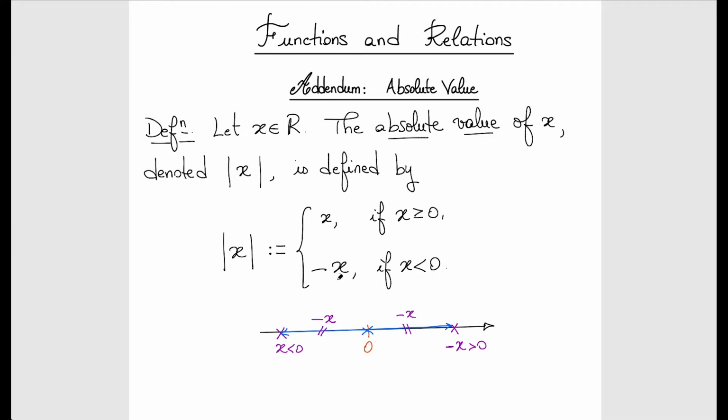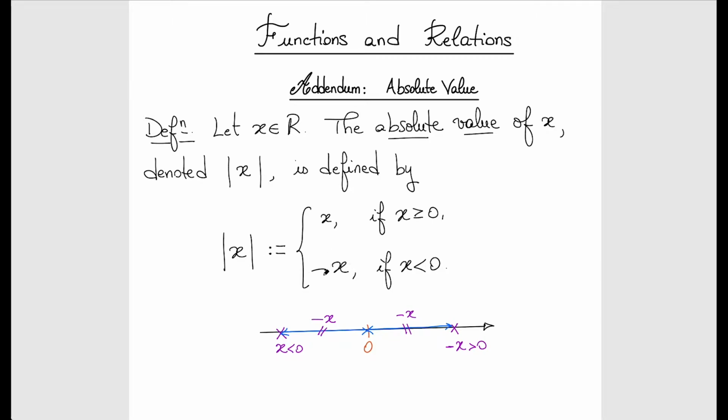For those of you who have done some programming, this is like the following. If you want to write the absolute value of x in programming language: if x is bigger than or equal to 0, then the absolute value of x is x. Otherwise, meaning if x is less than 0, the absolute value of x is negative x.